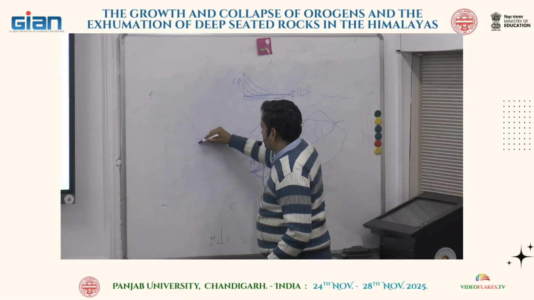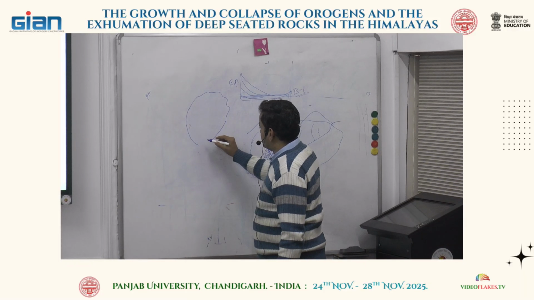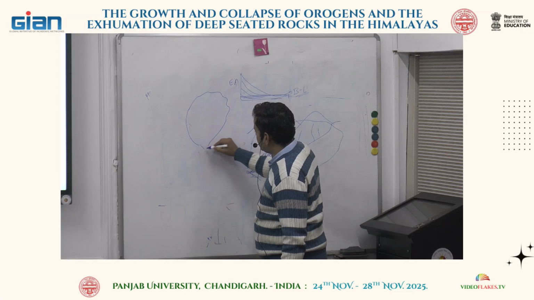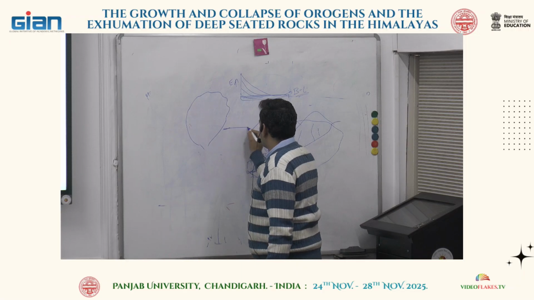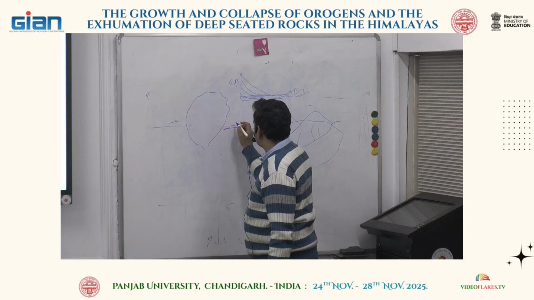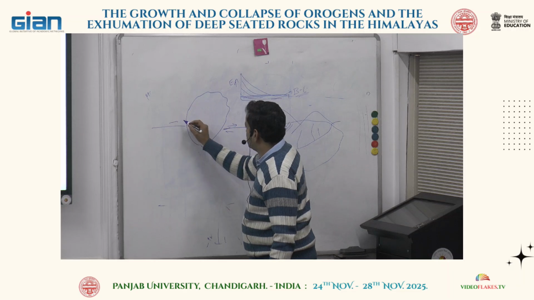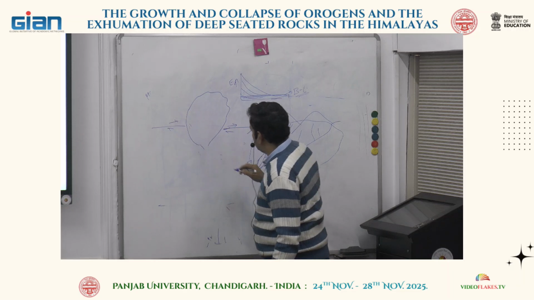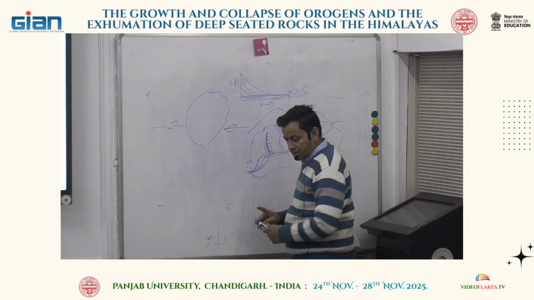Let's say there is a fault. Let's say there is a drainage basin, and if one fault comes along this, and let's say it displaces something like this. So what will happen? This basin will be displaced a little bit.